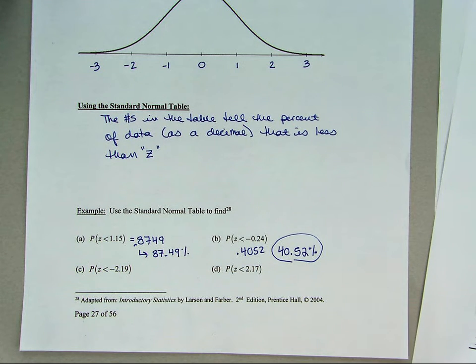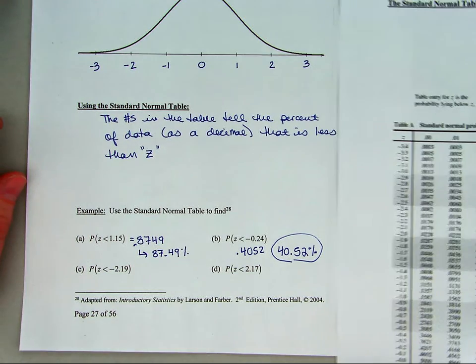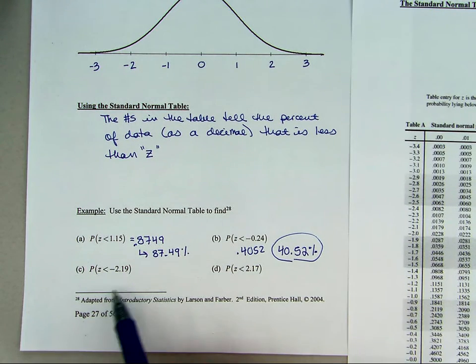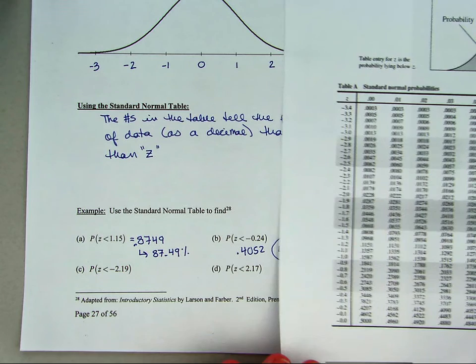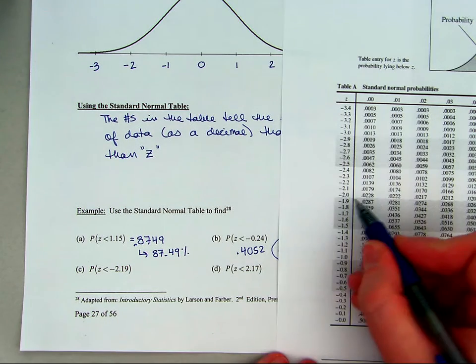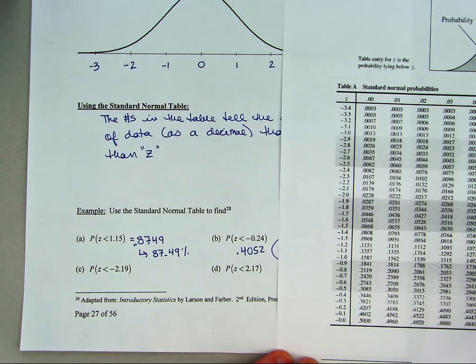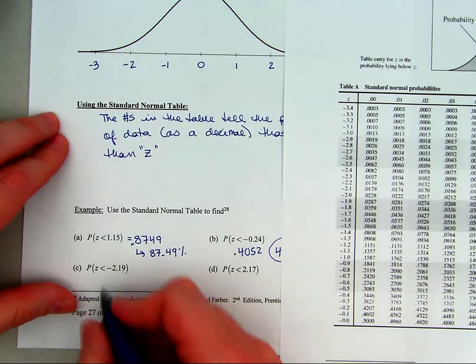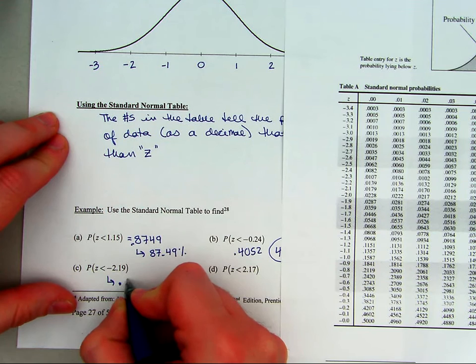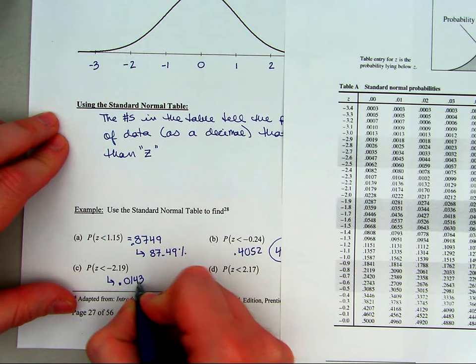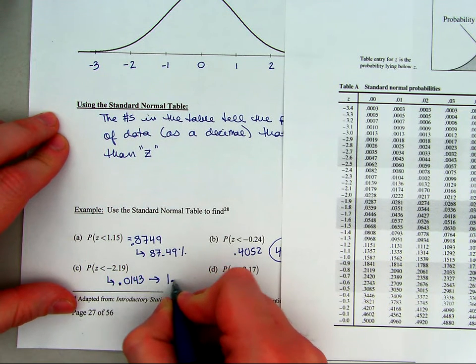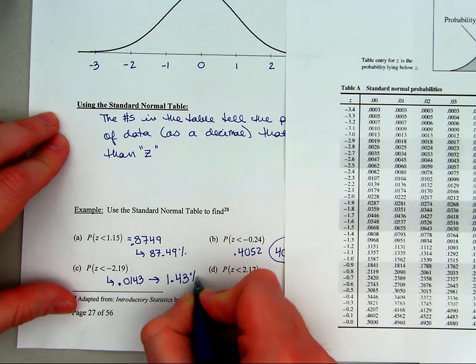In letter C, I want to find the percent of the data where the z-value is less than -2.19. I'm going to go to page 28. I'm going to look for -2.1, go over to 0.9, and I'm going to see that the decimal there is 0.0143. Writing this as a percent, we get 1.43%.